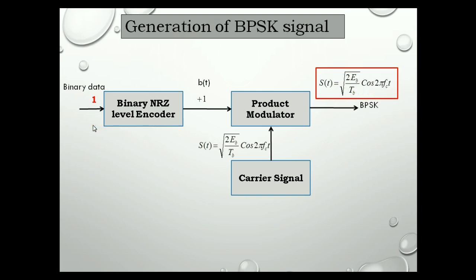When we are transmitting binary 0, the binary NRZ level encoder will be assigning minus 1 and the product modulator will be multiplying minus 1 with the carrier in order to generate the signal s of t, which is equal to minus square root of 2EB divided by TB cos 2 pi FCT. So this is how the BPSK signal will be generated.